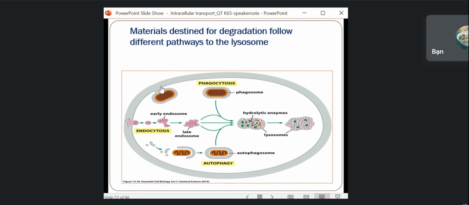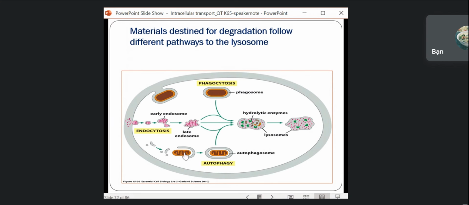Or if the cell does phagocytosis, that means it can eat a very big part of solid food from outside. So it takes it up by making the phagosome, and this phagosome can fuse with the lysosome. The other way is autophagy.